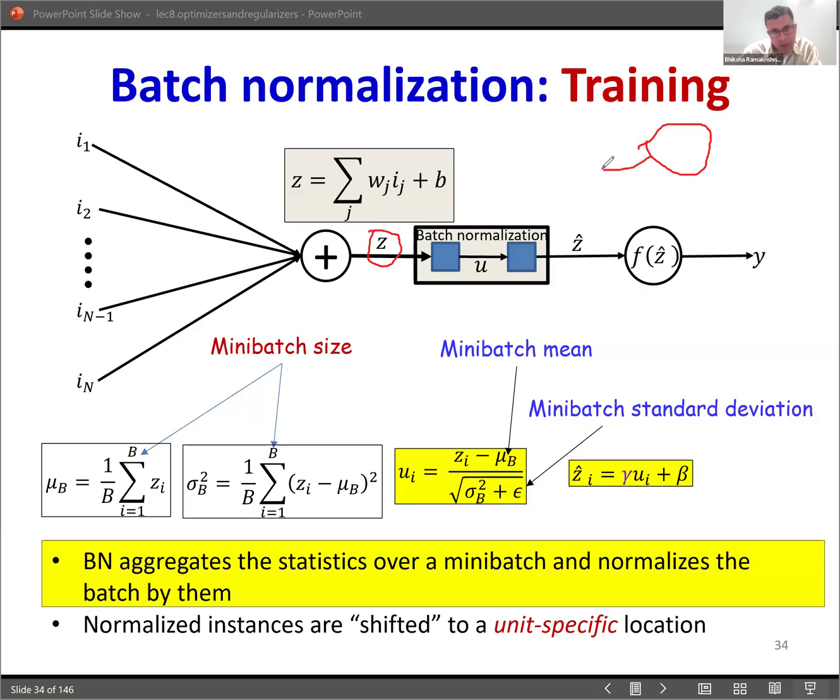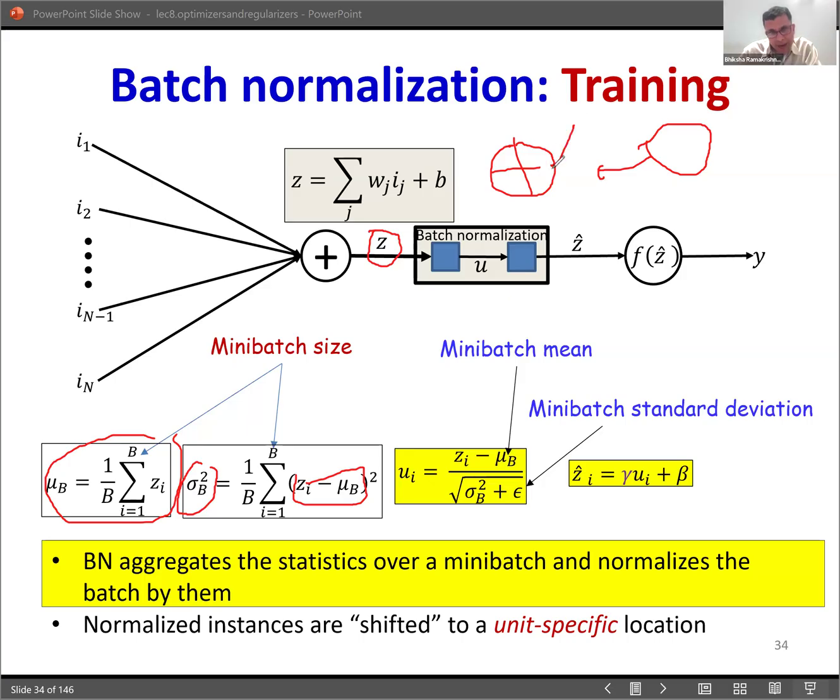You want to move this to be centered at 0. So the first thing that you will do is to compute the mean of the z's in the mini batch and then subtract this mean from every one of the instances. So that centers it. Second, you'll be computing the variance of the mini batch, and from that, the standard deviation.